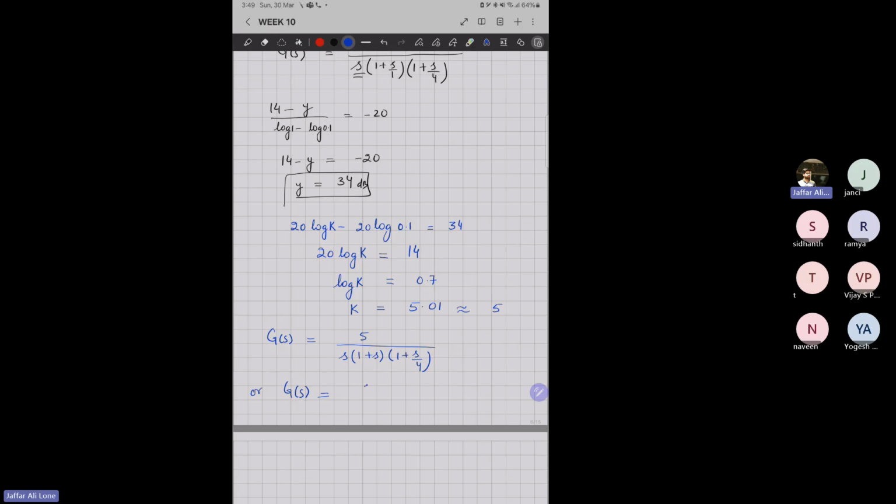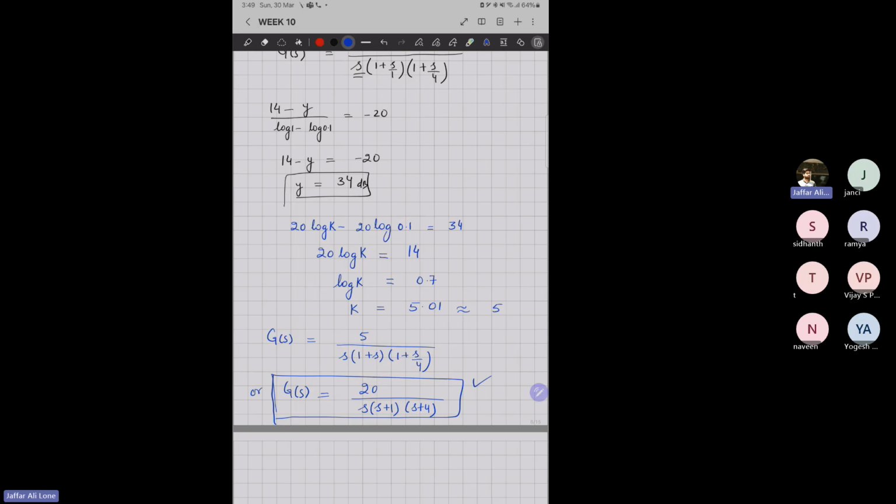So G of s will be 20 divided by s into (s plus 1) into (s plus 4). So anybody has any doubt how I got this 20, or it's fine? I just solved it. Just do cross multiplication or whatever, take LCM. Right? Any doubt here? No, sir. Okay, great.